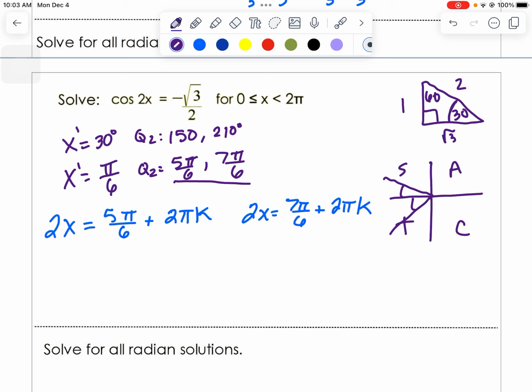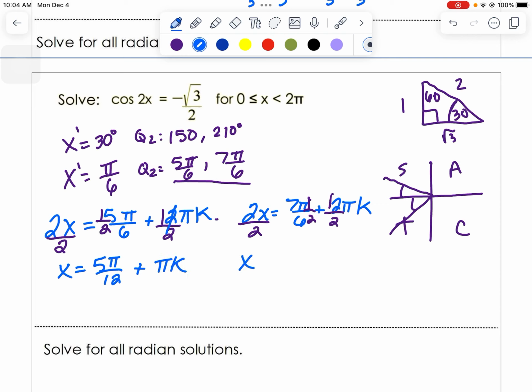Okay, now you have to solve this for your angle or your single x. So we're going to be dividing by 2. Since I'm dealing with fractions, I'm going to be multiplying by 1/2 on each of these instead, because dividing by 2 and multiplying by 1/2 are the same thing. So we're going to get x equals 5 pi over 12 plus that 2 will simplify, just pi k.